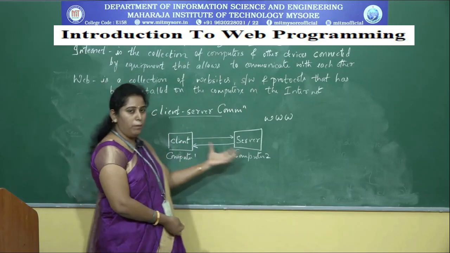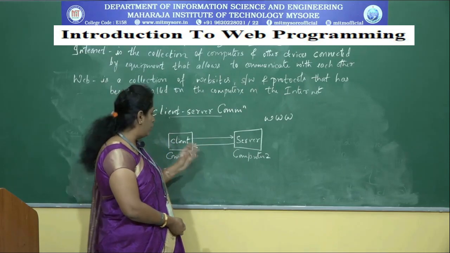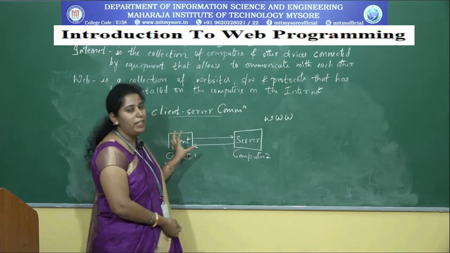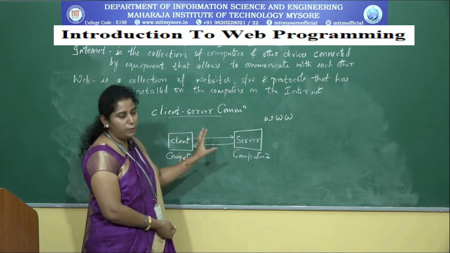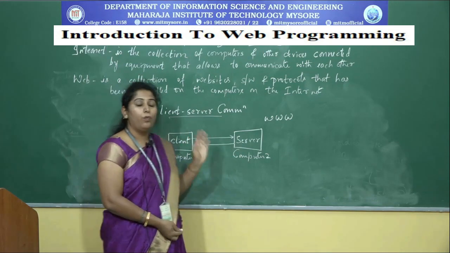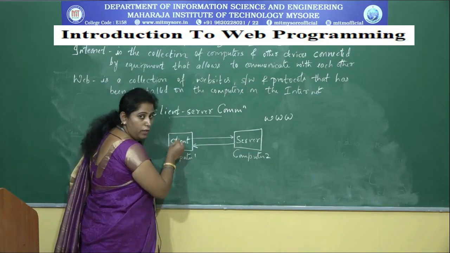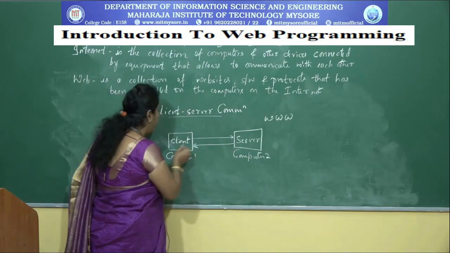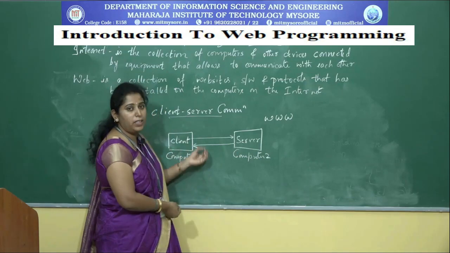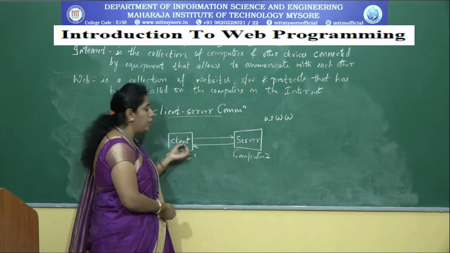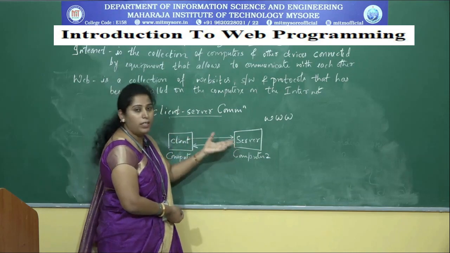When two computers want to communicate with each other, they have to be connected with the internet. So here, how is web used? I said the client wishes to communicate with the server, so the client should initiate the communication and send the request to the server.